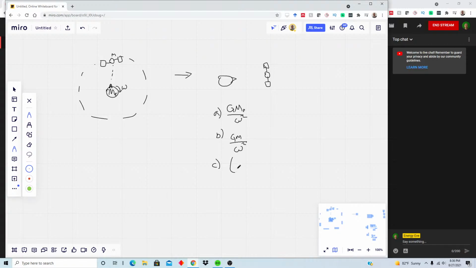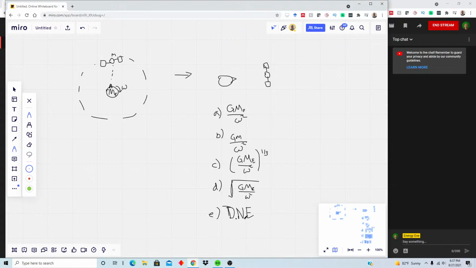C, G M_e divided by omega squared, but all this is to the 1/3 power. D, the square root of G M_e over omega squared. Or E, there is no possible geosynchronous orbit. Does not exist.